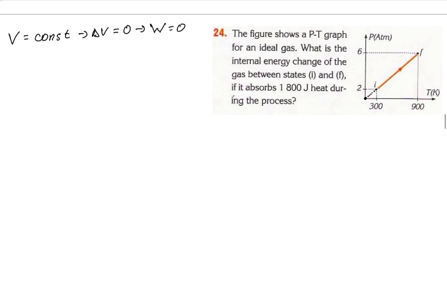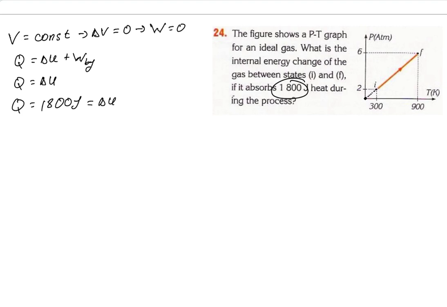And that means the first law of thermodynamics, Q equal to delta U plus work done, simplifies to Q equal to delta U. It also says the gas absorbs 1800 joules of heat. That means Q is equal to 1800 joules, which is also equal to the change in internal energy. So it is positive 1800 joules of internal energy change.